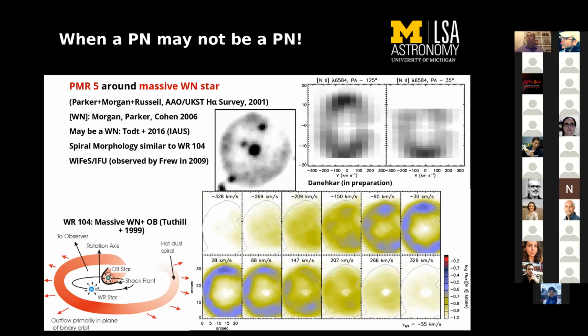They suggested it could be a WN-type central star planetary nebula. But recently there is a proceedings paper published by Todd at the IFU symposium. They suggested it may be a massive WN nebula, not a planetary nebula.